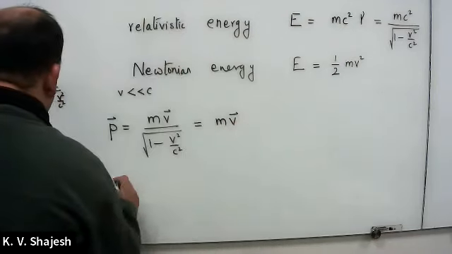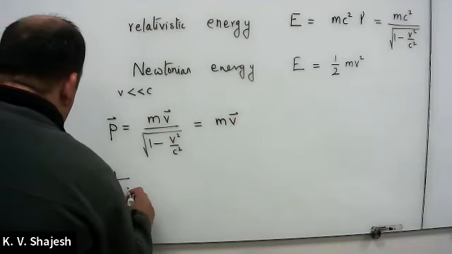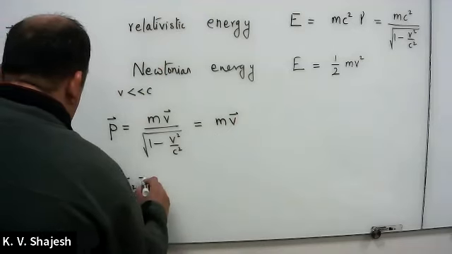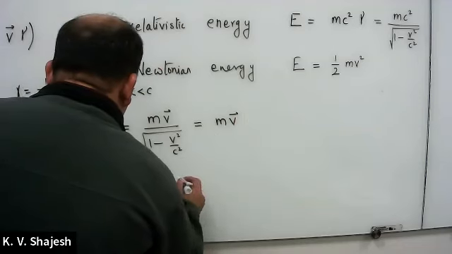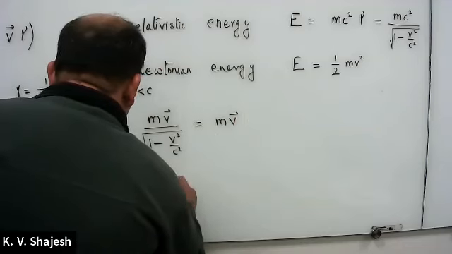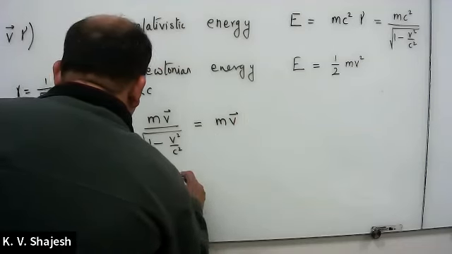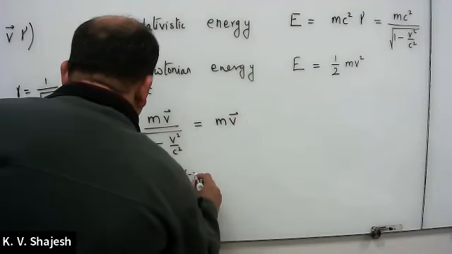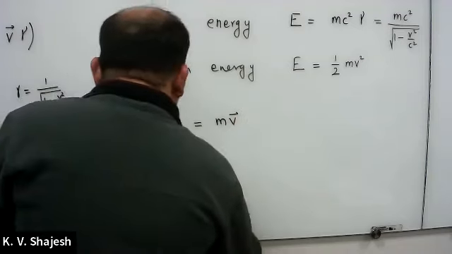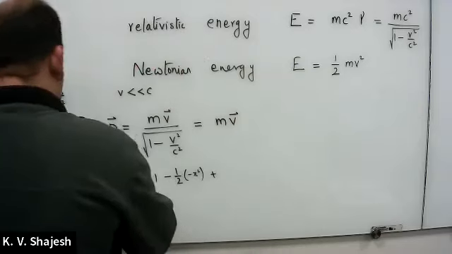Remember here 1 over the square root of 1 minus x squared expansion, so that's 1, then minus half times minus x squared. And then the next term is what?